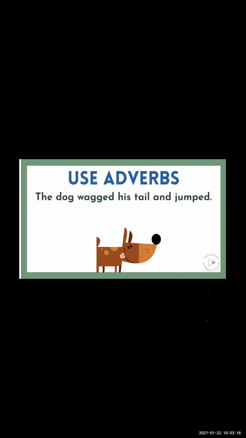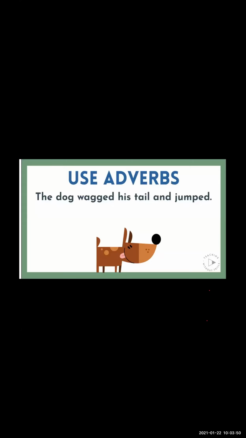Do you know how the dogs are wagging their tails? Yes. The dogs are continuously wagging their tail. The dog always wagged his tail and jumped. So which adverb we have added?